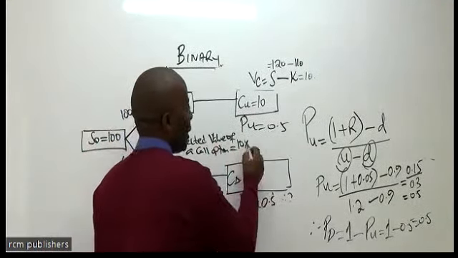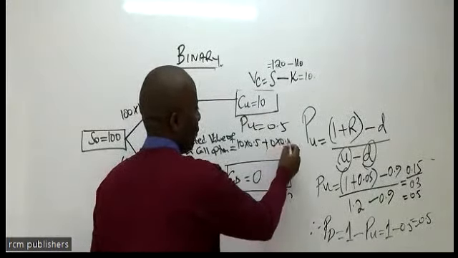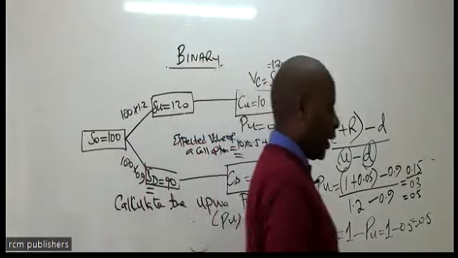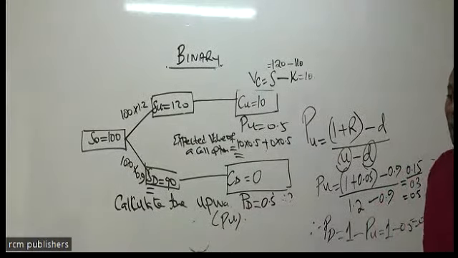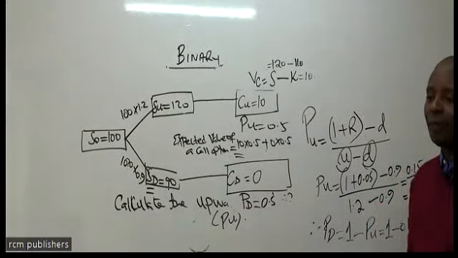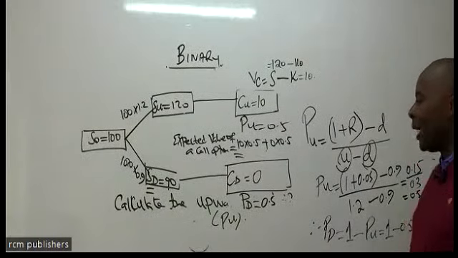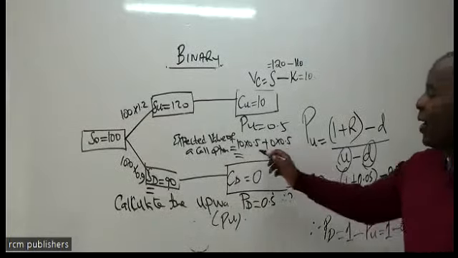So it will be 10 times 0.5 plus 0 times 0.5. What does the expected value of a call option come to? They say the answer is 5.